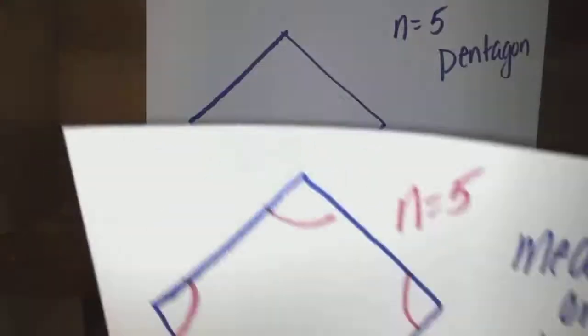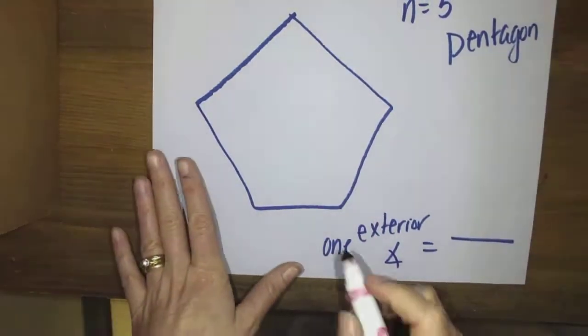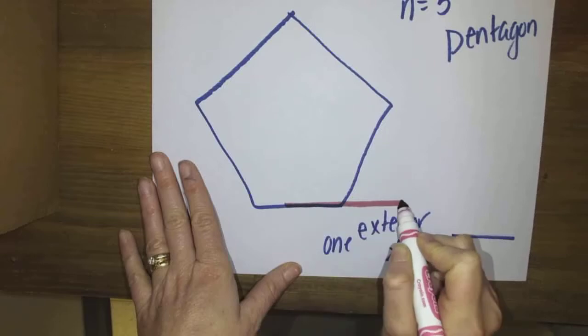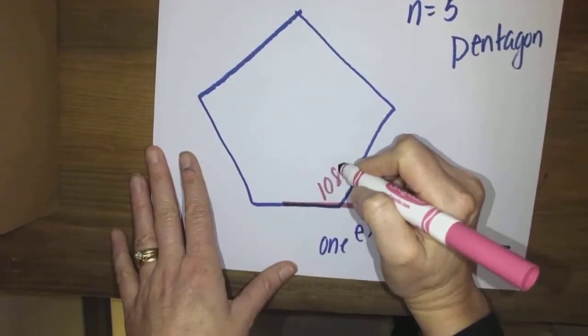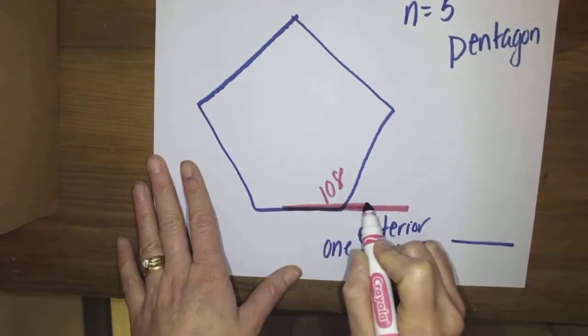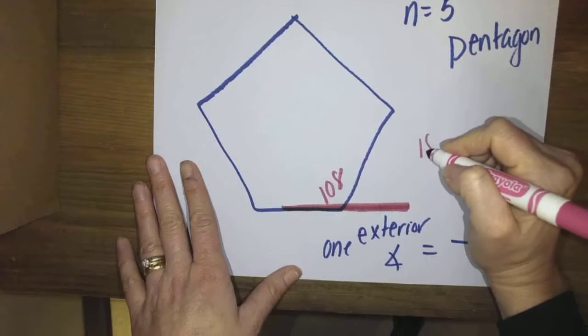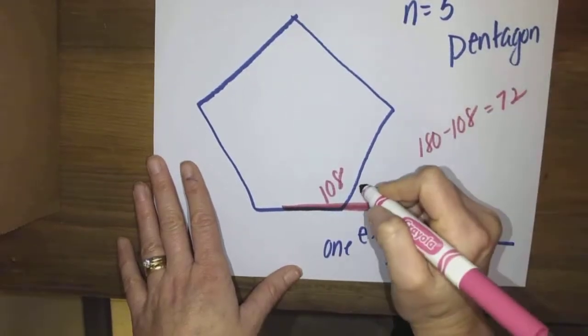All right, last but not least, here was our pentagon. An exterior angle is found by extending one of the sides. We found that the one inside angle was 108. Straight line, linear pair. If I took 180 minus 108, I get 72.